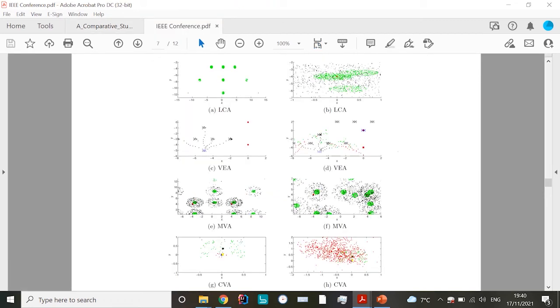So again, these are results for given problems in the continuous version, with LCA lane chicken, volcano eruption, multiverse and COVID optimizer, just as an example to illustrate how these algorithms work.